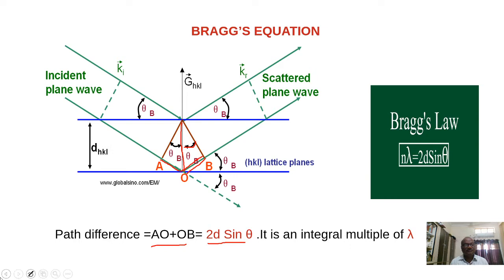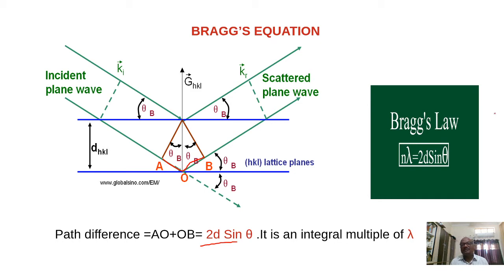So in order to have constructive interference or bright bands on the photographic plate, what is the condition? The condition is that the extra distance traveled by the second X-ray must be an integral multiple of the wavelength of X-ray. So what is the extra distance in terms of theta, the angle of incidence? It is 2D sine theta.